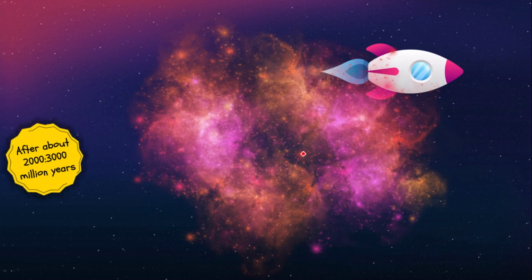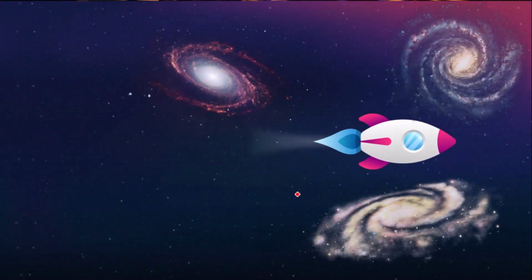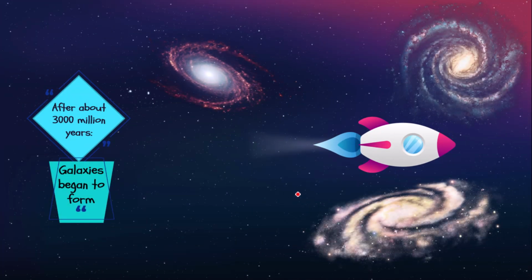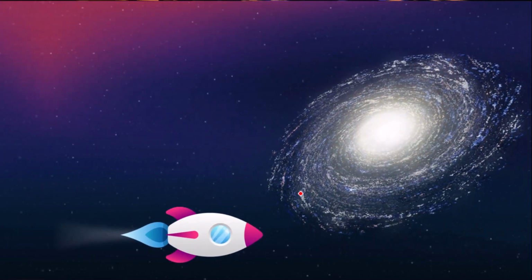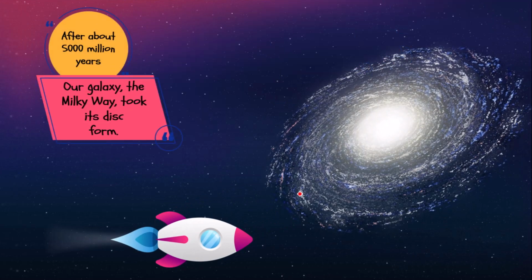Then, after about 2,000 to 3,000 million years, gravity helped in gathering more mass, forming the ancestral galaxies. After 3,000 million years, the galaxies start to form. After about 5,000 million years, our galaxy, the Milky Way, starts forming.